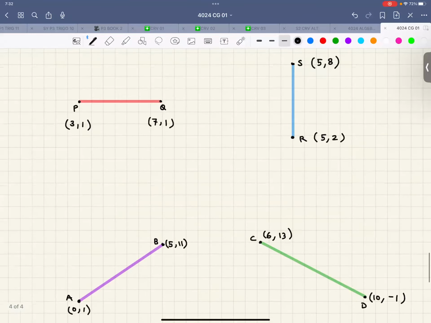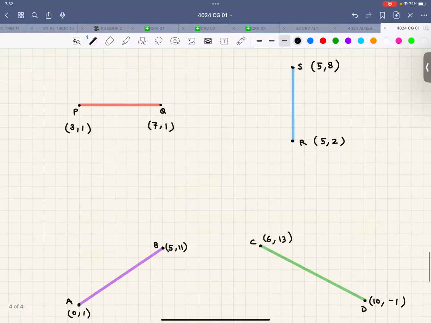Now, first of all, if I look at this orange line over here, I can say it's a horizontal line. A horizontal line is one in which the y coordinate is unchanged. That's the first thing that I'm writing.